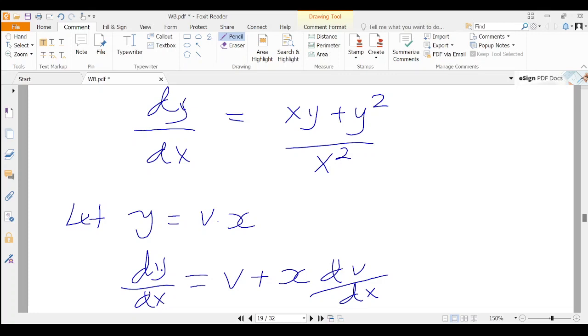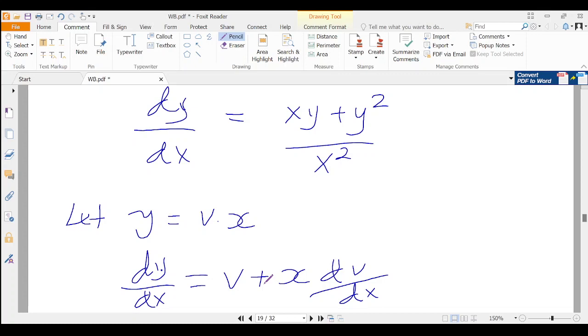We are now going to substitute this into the differential equation. So where we have y here, we shall put v times x, and here also v times x squared. Then where we have dy/dx, we shall now have v plus x dv/dx. So let's substitute and see.